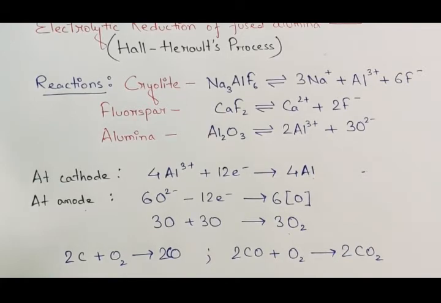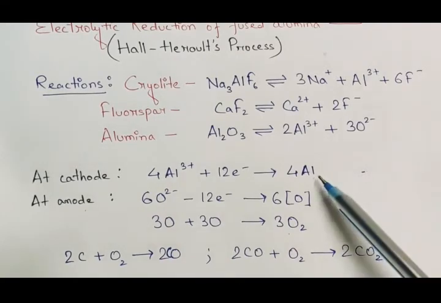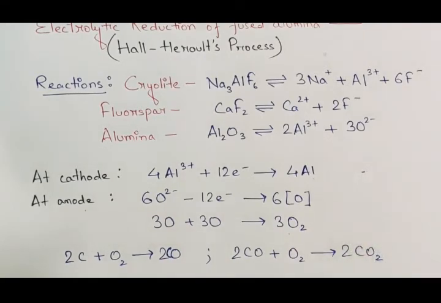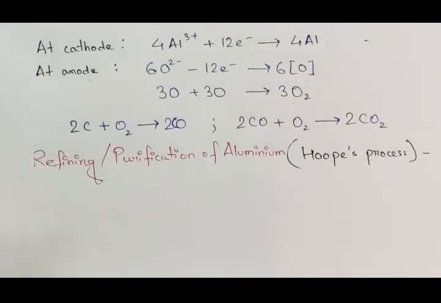Now purification is required after getting this aluminium. That purification process is also done using the electrolysis method. The refining of aluminium is done by the Hoope's process, and in this Hoope's electrolytic process there is another electrolytic cell which contains 3 layers of molten substance of different specific gravity.